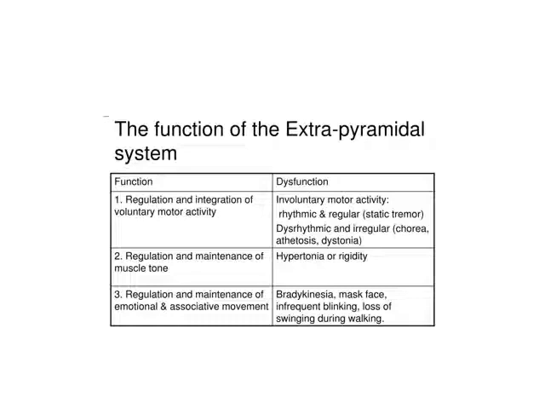Rigidity is stiff movement all over, from the start till the end of the movement. It can be a smooth rigidity, which we call lead pipe, or it can be interrupted by tremors, which is cogwheel.